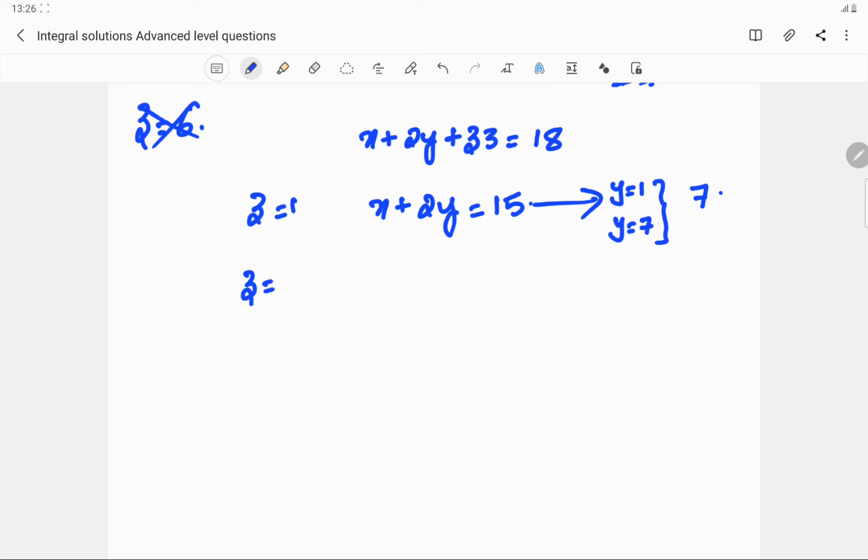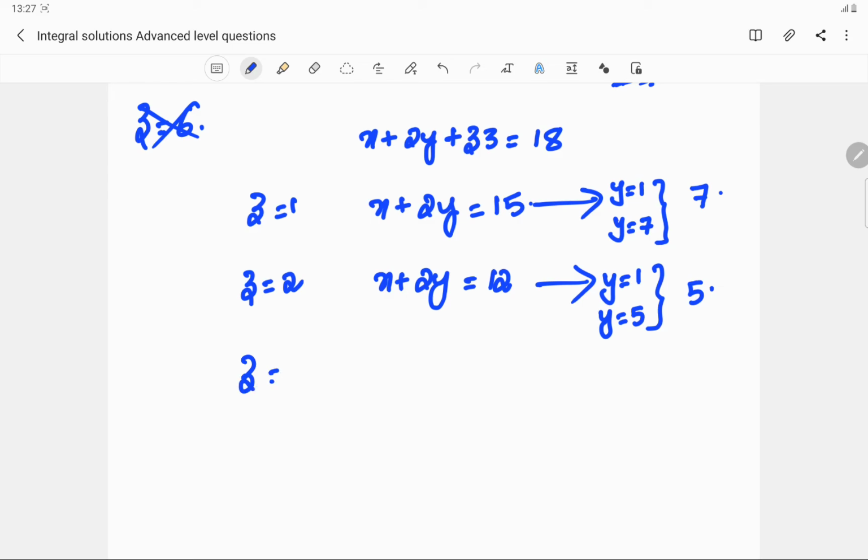Similarly, when z is equals to 2, this x plus 2y was equals to 12. So again here minimum value of y is 1, and if it takes 6, then x is equals to 0. Again that is in violation of the condition given in the question, so it can take only 5 values.